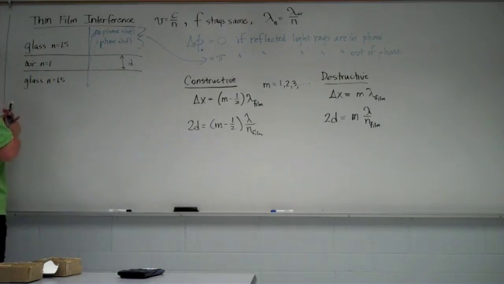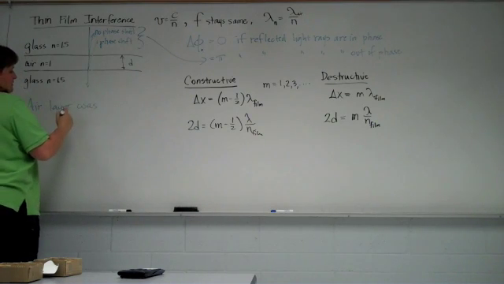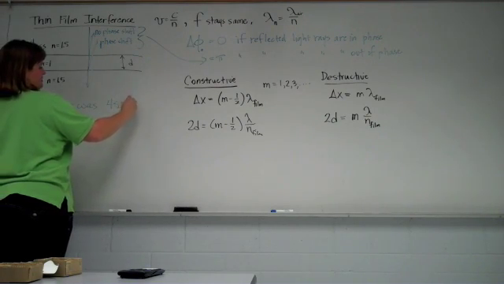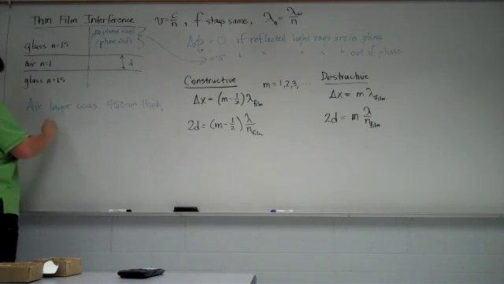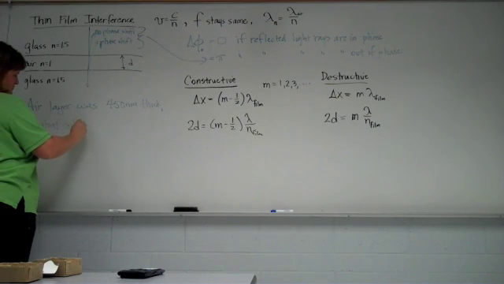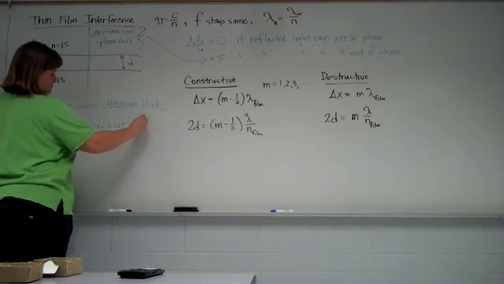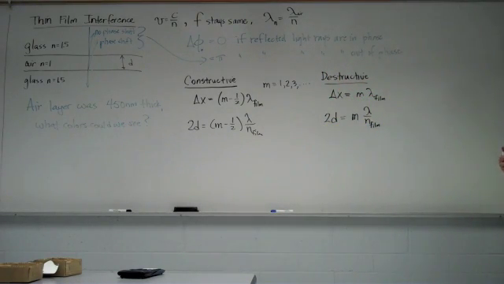Let's say the air layer is, I don't know, 450 nanometers thick. So if our air layer was 450 nanometers thick, or thin, whichever way you want to look at it, what colors could we see?